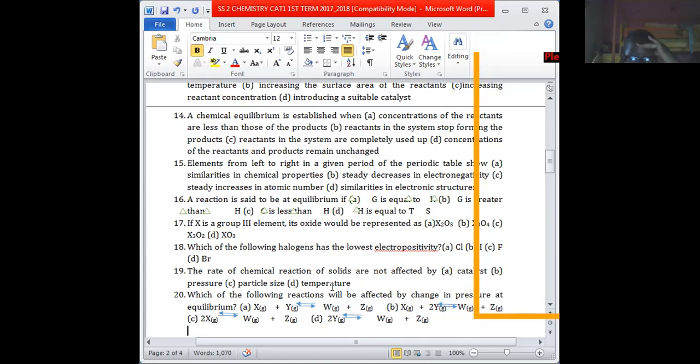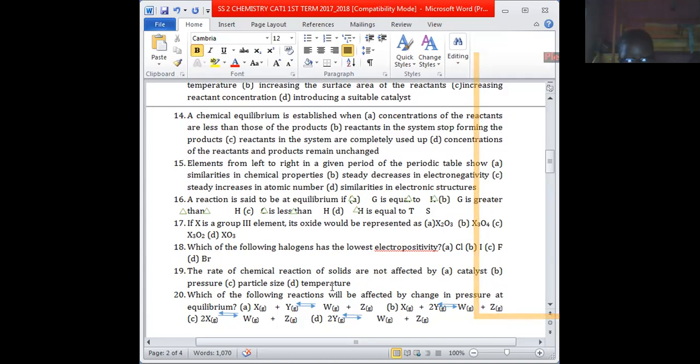Which of the following reactions will be affected by change in pressure at equilibrium? C. Okay, all of them are in gaseous medium. A is not going to be affected by change in pressure because the number of moles are the same. So let's look at C. They are also at equilibrium.